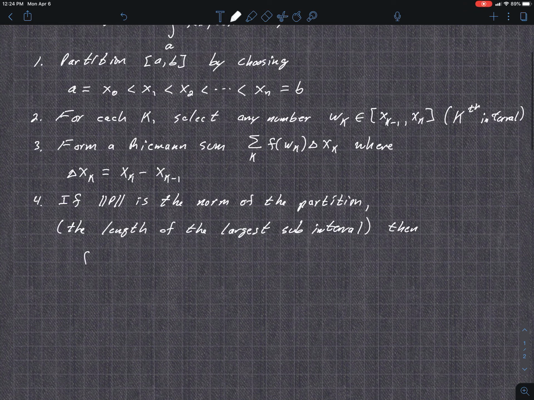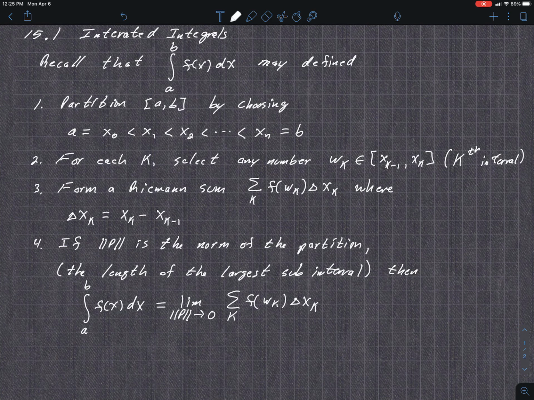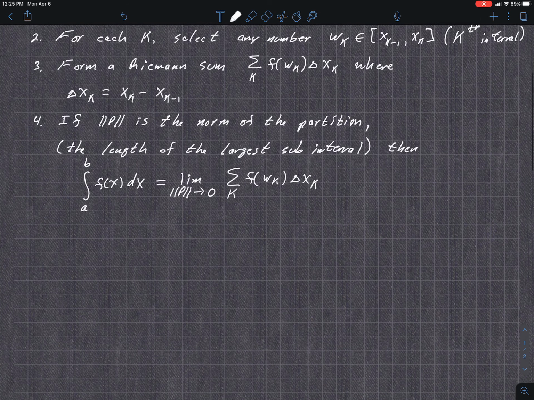Then we get the definition. So the integral from a to b of f of x dx is equal to the limit as the norm of the partition approaches 0 of the sum over all the k's of f of w sub k, delta x sub k. So that's the definition of how you define the definite integral using Riemann sums.